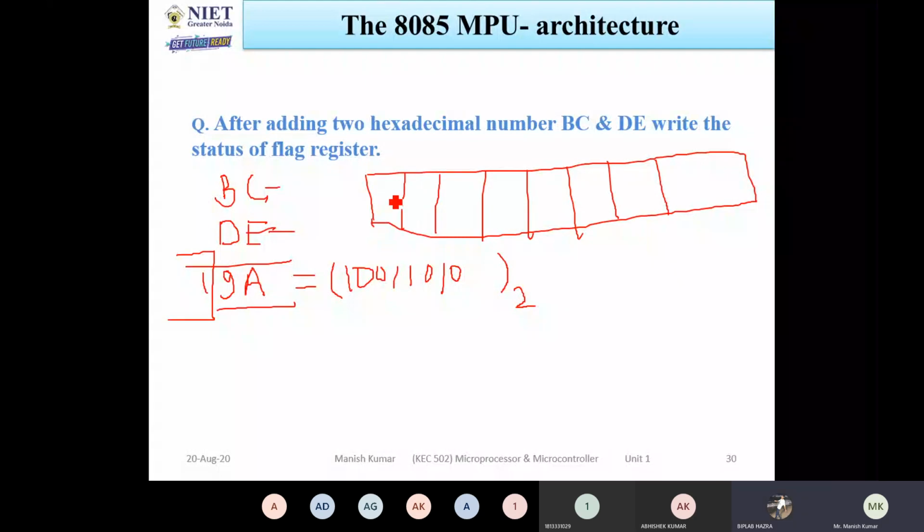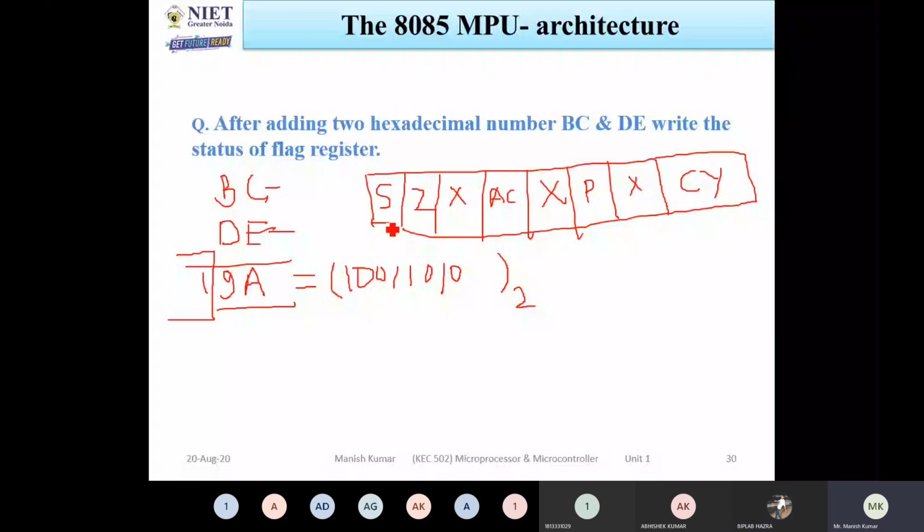In this place the sign flag is there. In this place the zero flag is there. In this place a don't care condition is there. Here, auxiliary carry. Here, don't care. Parity, don't care, carry.